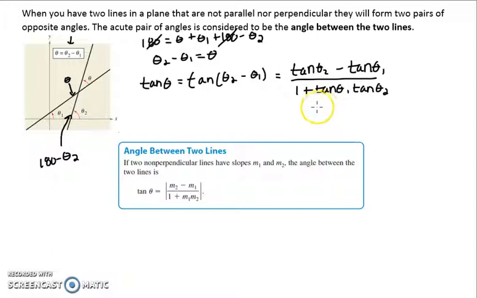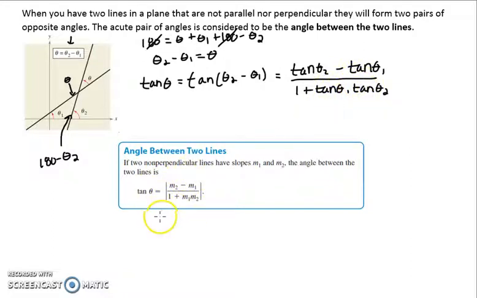Now, if we think about our relationship between theta and slope, slope is going to be equal to the tangent of theta. So tangent theta 2 is really the slope of line 2. Tangent of theta 1 is really equal to the slope of line 1. So there we go.